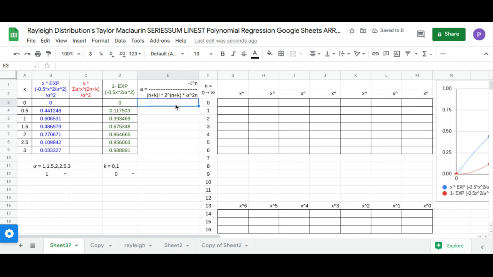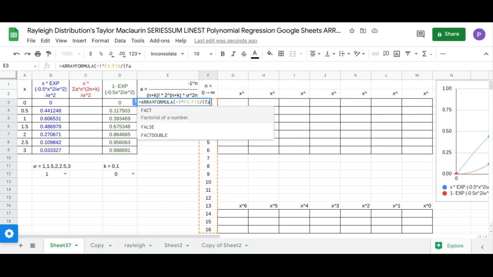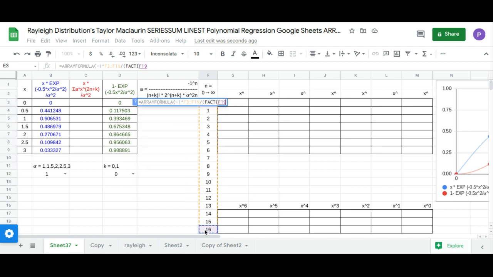We continue with the coefficient, which is our formula, negative 1 raised to the power n, divided by the denominator, which will be 3 parts. The first part is factorial n plus k. The second part times 2 raised to the power the quantity n plus k.